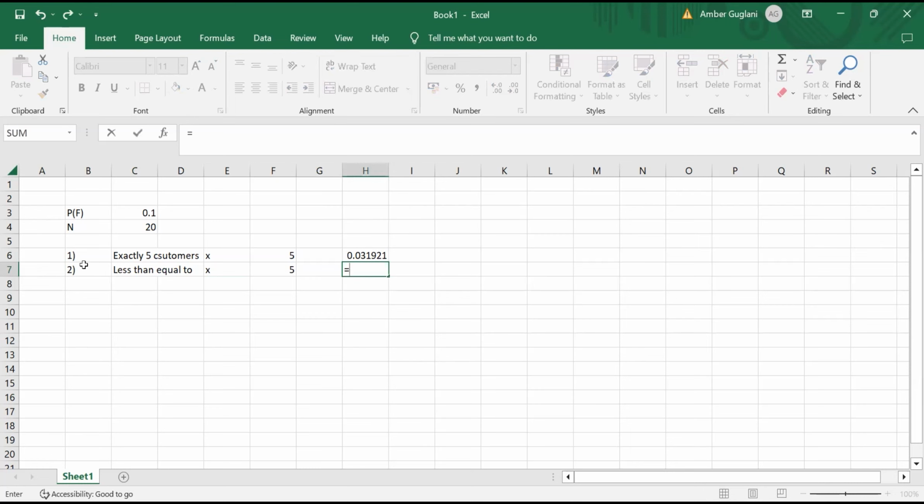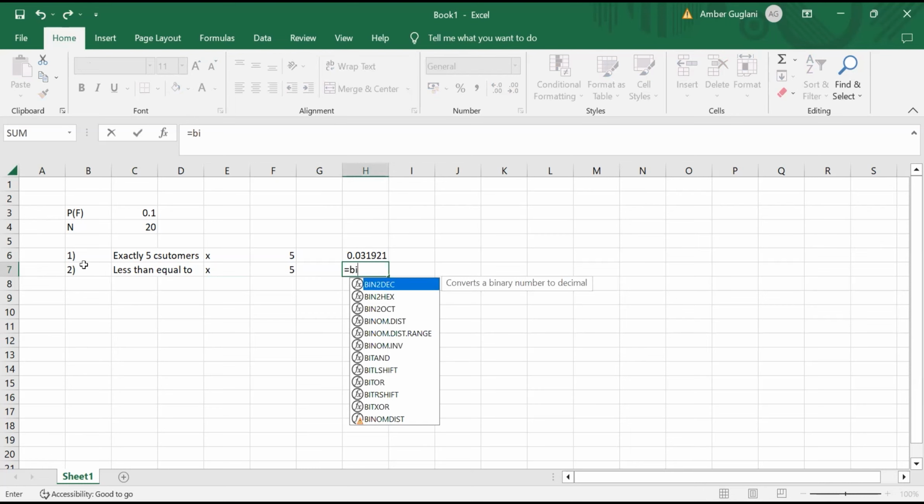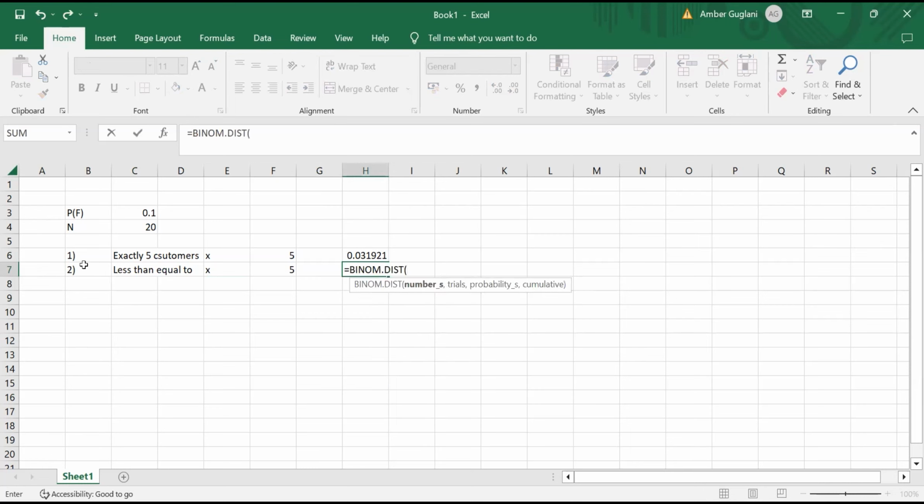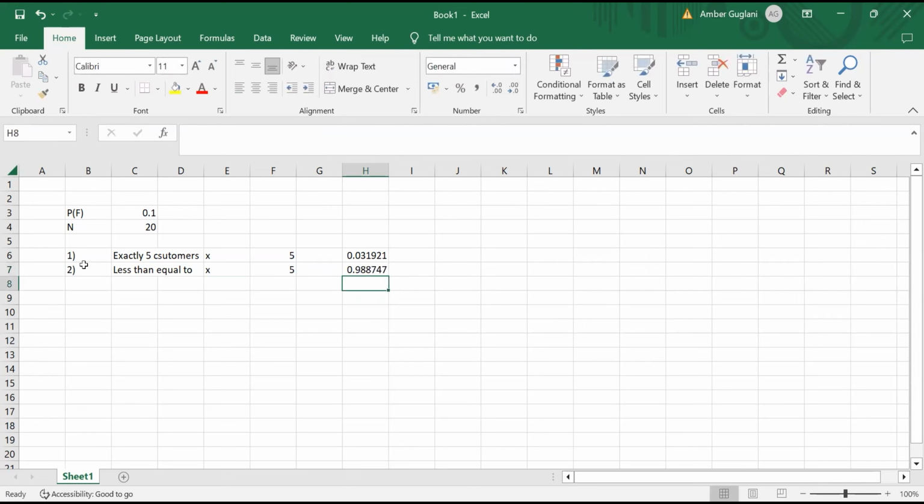We go to binomial distribution, number is 5, trials is again 20, probability is again 0.1, and this is cumulative distribution function, so true. The answer is 0.988747.